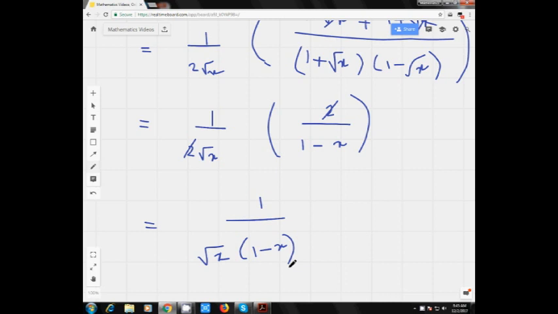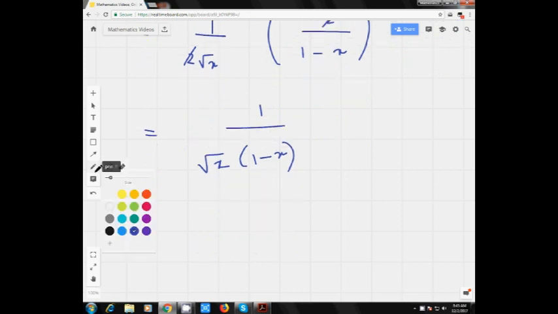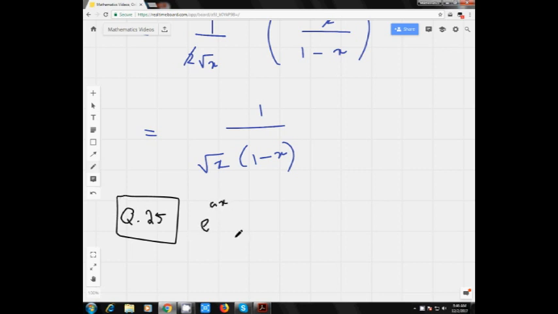Yup, it is. Next is question number 25, which seems to be just a touch important. Question number 25 is e raised to the power ax multiplied by cos of b arc tan x, which is simply tan inverse x.